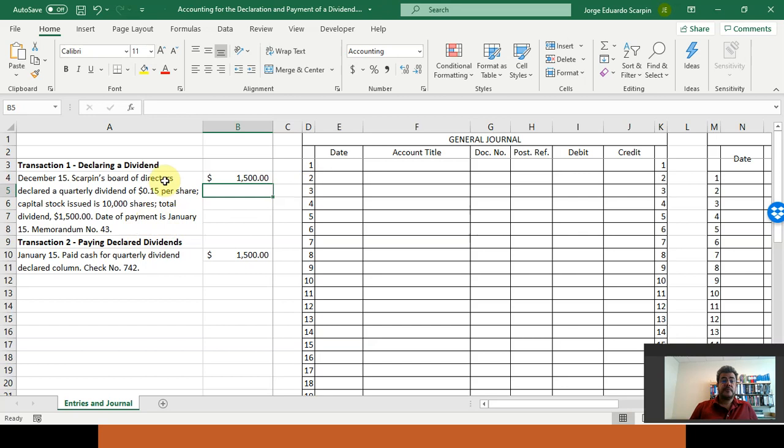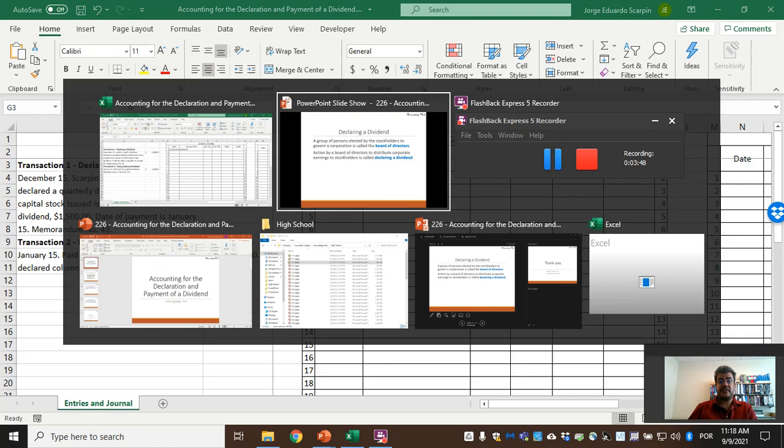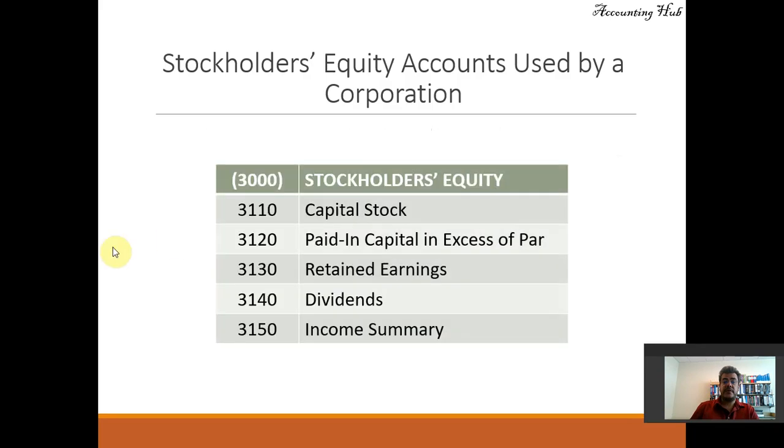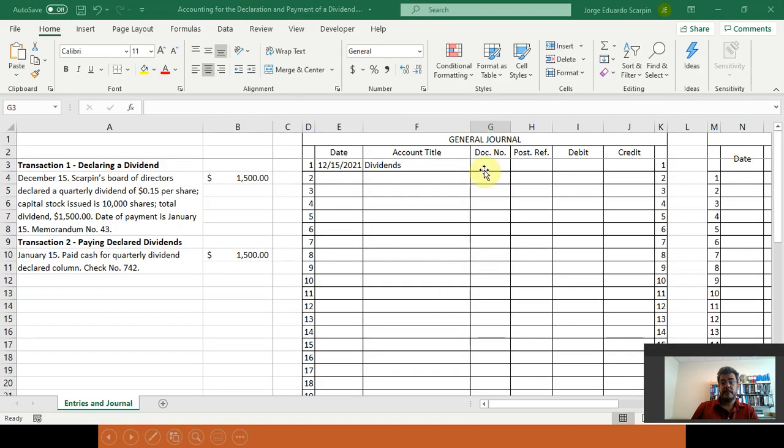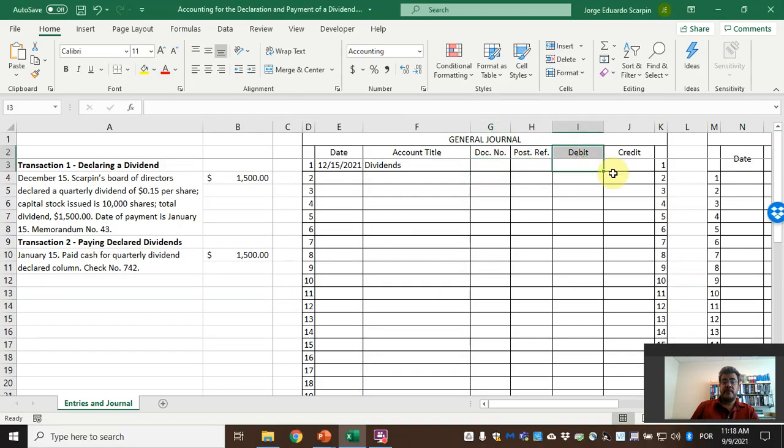So, okay, first declaration, December 15th. Account title, dividends. That is the dividend here, this T account, 3140. Debit, 1,500. What is our credit? Dividends payable.